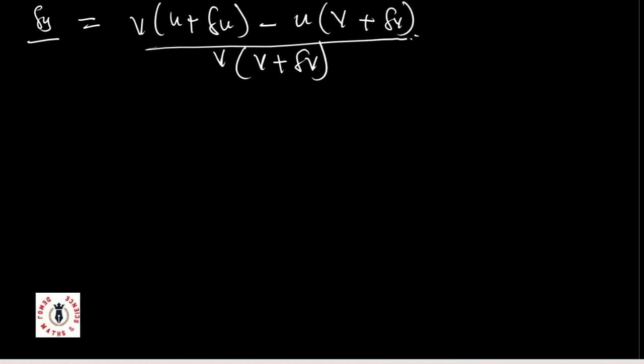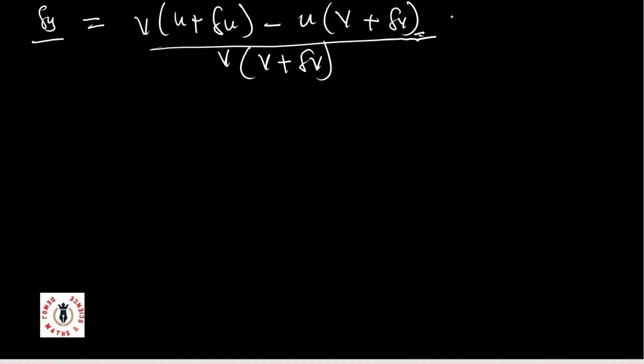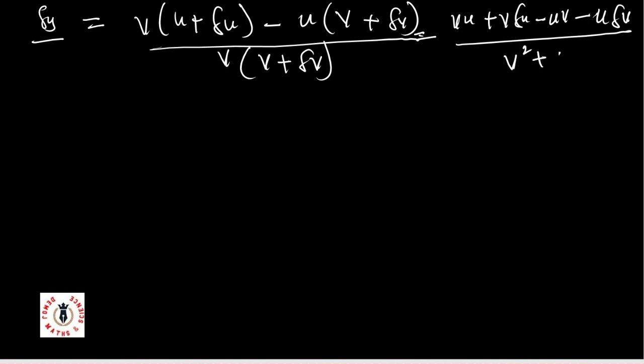Now, I've just rewritten the equation so that, expanding it, will have vu plus v delta u minus uv minus u delta v, all over v squared plus v delta v.